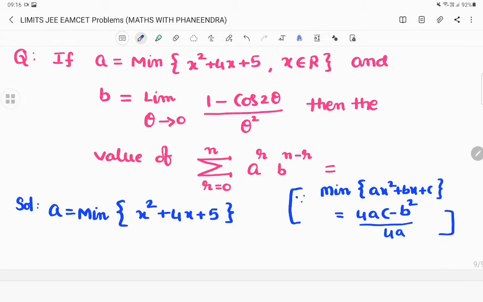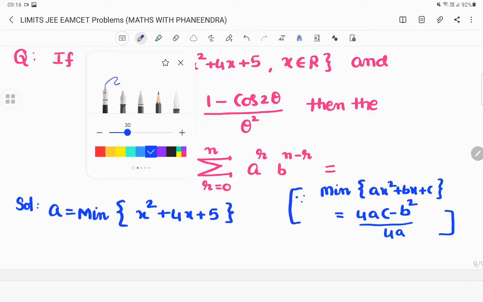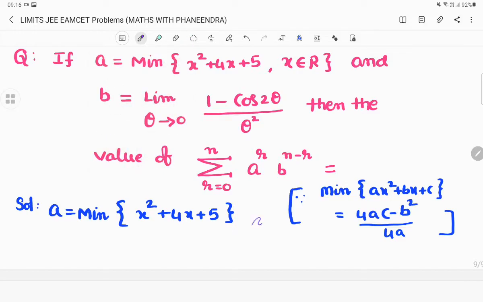So from here you can find the values of a, b, c. Here a is equal to 1, b is equal to 4 and c is equal to 5.